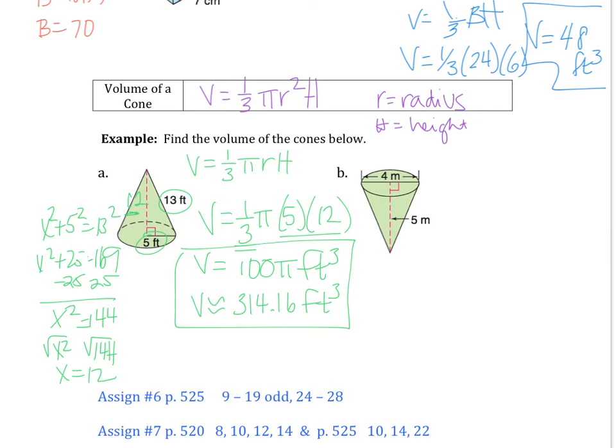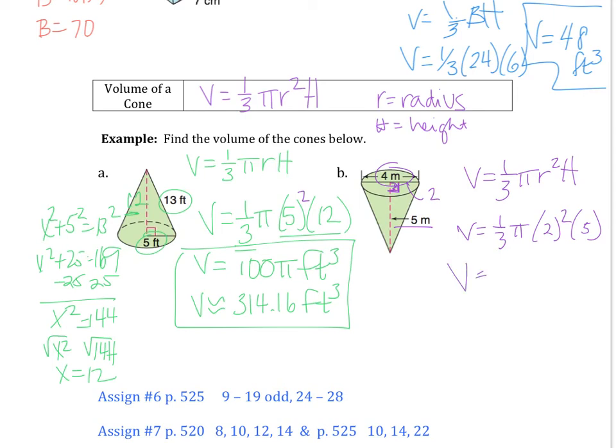Alright, looking at that next example here, it looks like I've got a cone given a diameter, so in order to find my radius, I'm going to cut that in half, so my radius is 2. Looks like I'm given that height, because remember, height is always perpendicular to the base there. So I'm going to write down my formula, 1/3 pi r squared h. And then I'm going to plug in what I have. So volume equals 1/3 pi times 2 squared times 5. Plugging that in on your calculator, we get my exact answer.